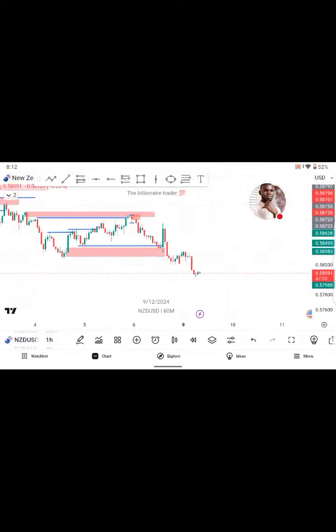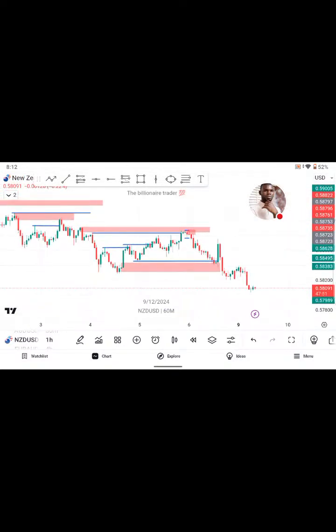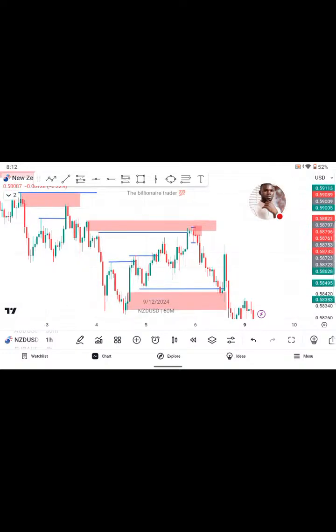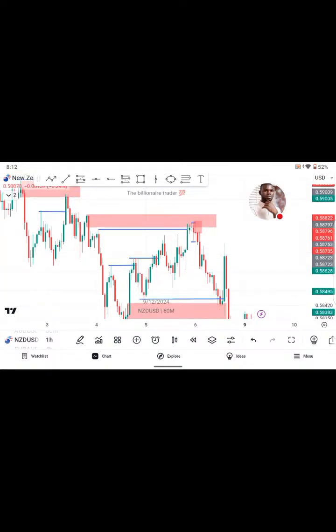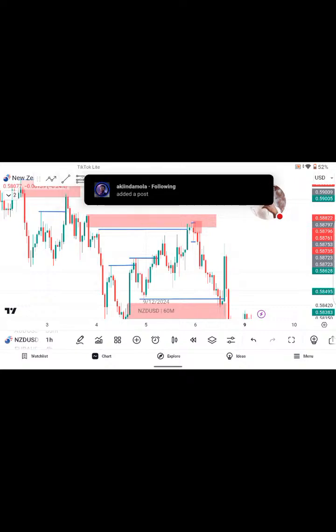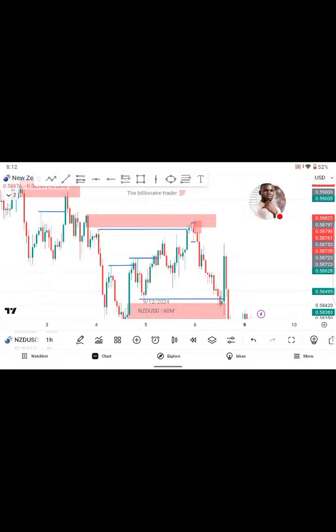As you can see, this is 1 hour time frame. I did the analysis there, but I was not able to see the page because I wasn't on chat when it was distributed to the confirmation. So we have this on 1 hour time frame.